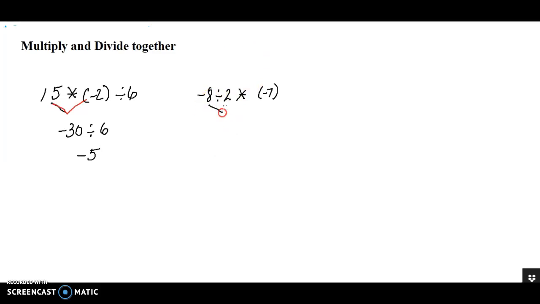Take the first two and we have a negative 8 divided by positive 2, which would give us a negative 4. And now a negative 4 is being multiplied by a negative 7. A negative 4 multiplied by a negative 7 gives us a positive 28.